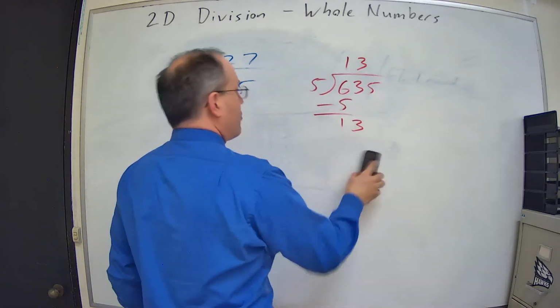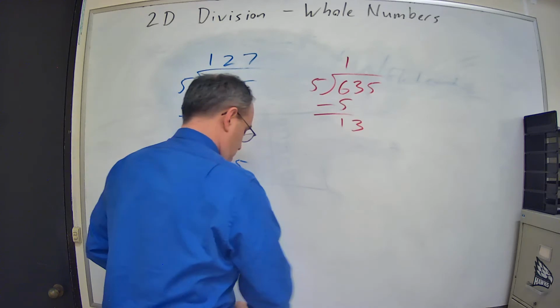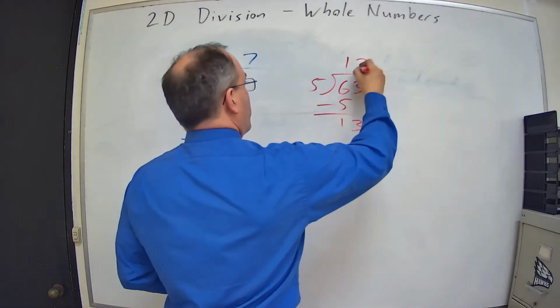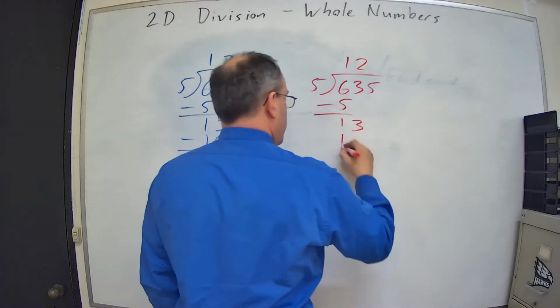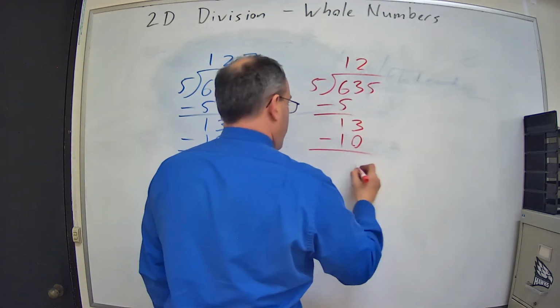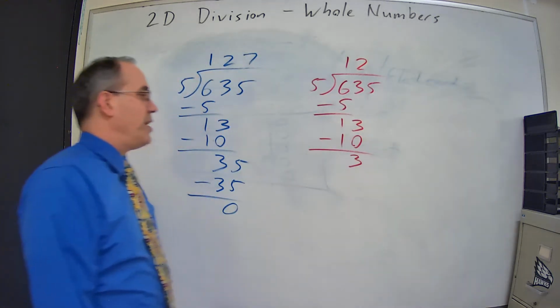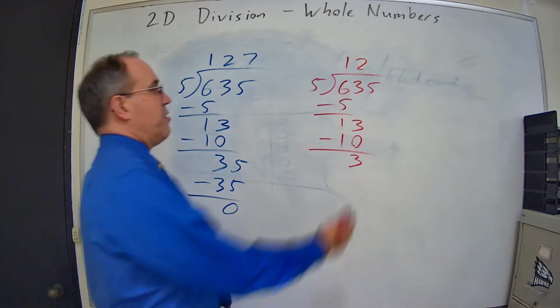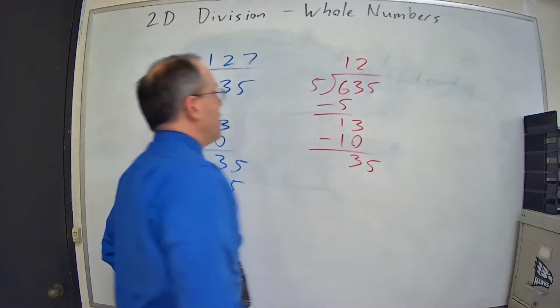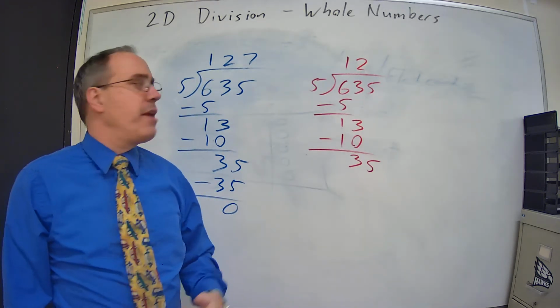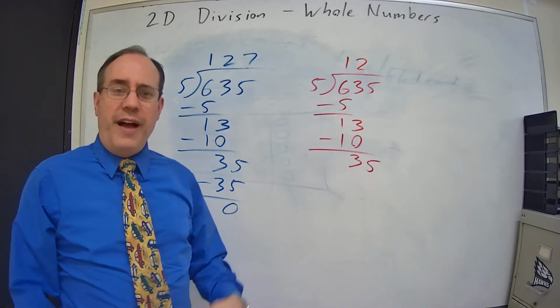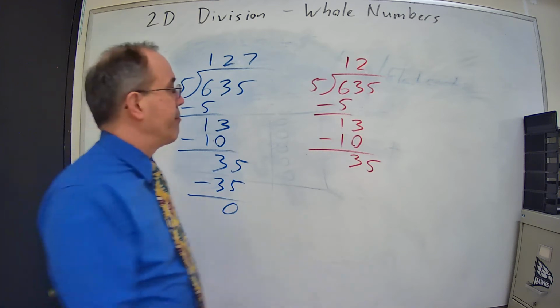I'd say, nope, that didn't work. Well, what if I take it down to 2? 2 times 5 gives me 10. 13 minus 10 is 3. Bring down the 5. How many times does 5 go into 35? I think 5 goes into 35 6 times.